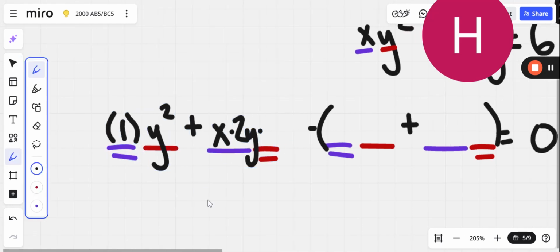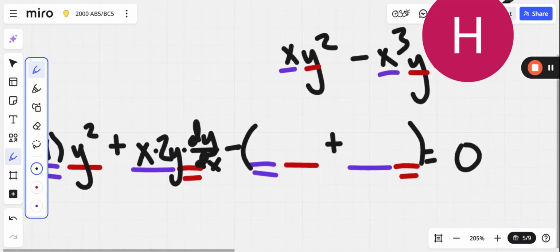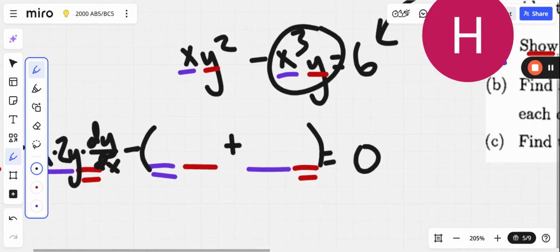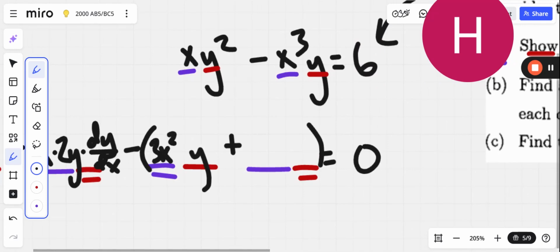But then we're going to multiply this by dy/dx because of the chain rule. Now this minus is referring to the next product rule. So we're not focusing on xy squared anymore, we're focusing on x cubed y. So here we have 3x squared times y plus x cubed dy/dx.